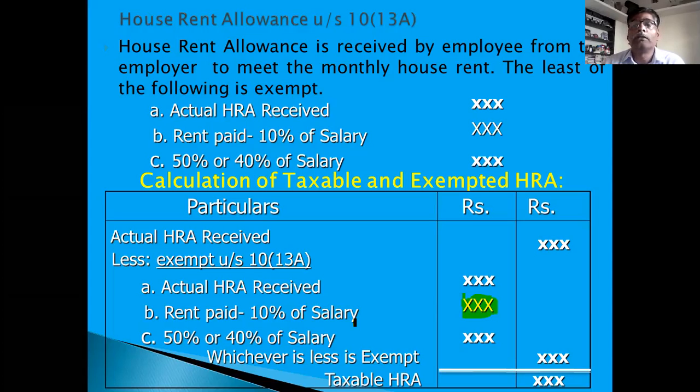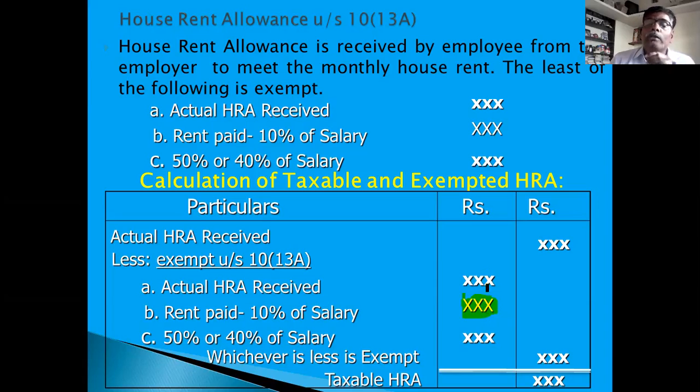So you don't write minus. You put 0 here. If rent paid and 10% of salary are equal, you put 0. If 10% of salary is more than rent paid, you put 0. If the employee is living in his own house, you put 0 in the second point.